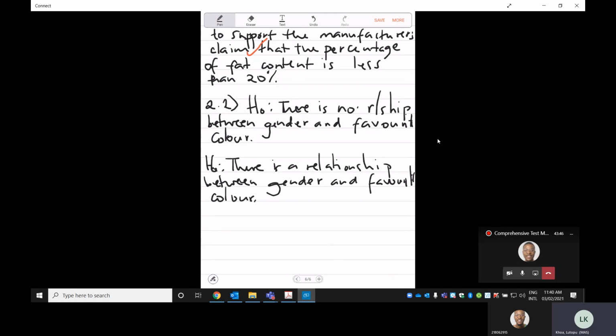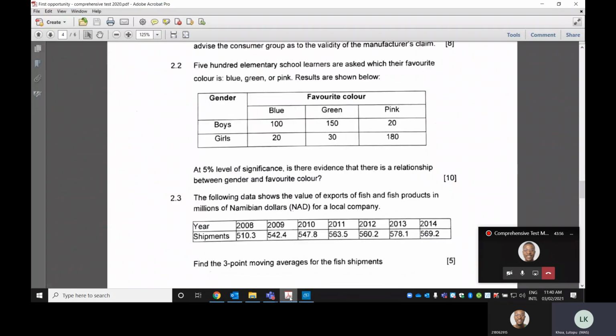So that's step number 1. You state your hypotheses. Then step number 2 is you find your test statistic. So to do that, this table over here, I'm going to rewrite it. So I have a column of observed and expected, and then I will work out my test statistic. So I need more space for that.